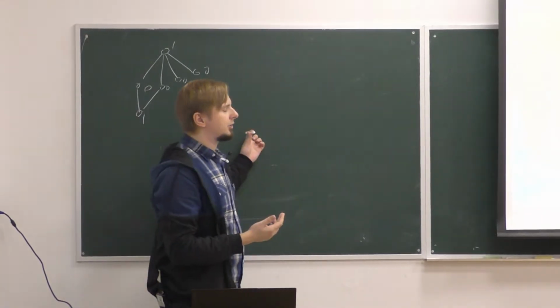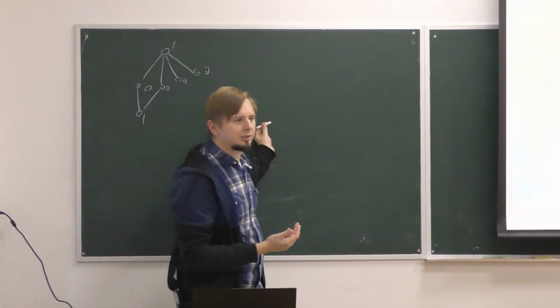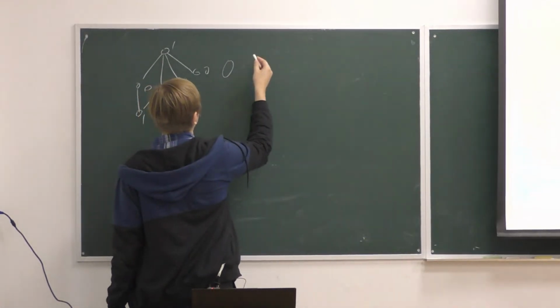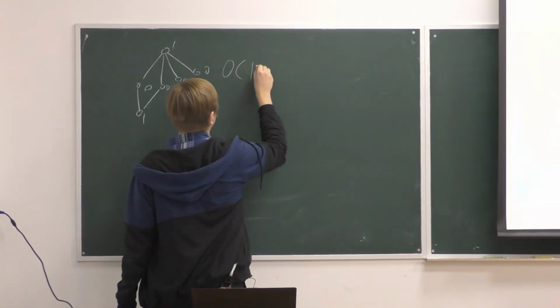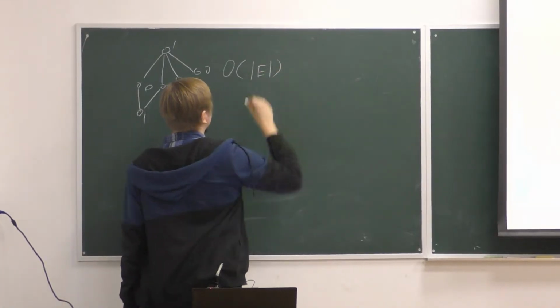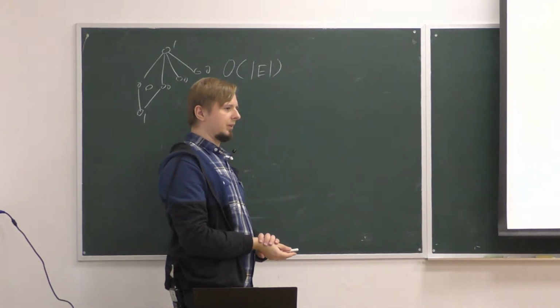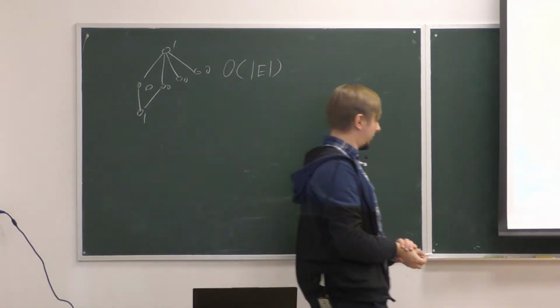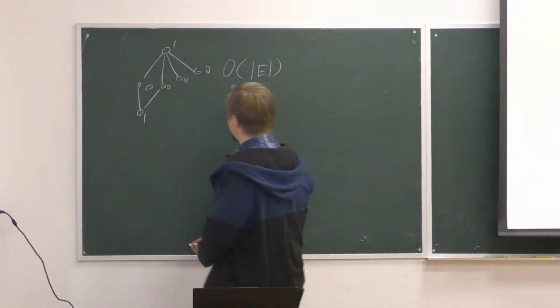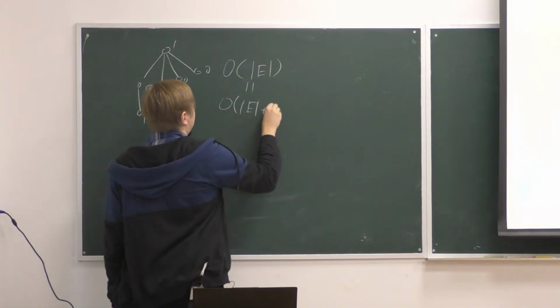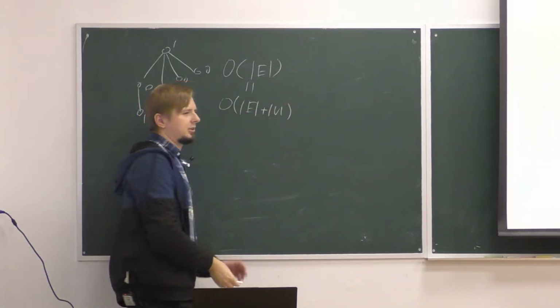The complexity of this algorithm is the same as the complexity for BFS and DFS, and in the connected case it will be O of the number of edges. By the way, in this step, do you understand why this is the same as this one for connected graphs?